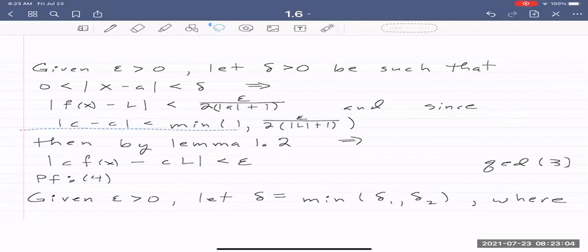And since c minus c, 0 in absolute value, is less than the minimum of 1 and epsilon over 2 times the quantity absolute value of L plus 1, then by the second part of lemma 1, we have that c f of x minus cL in absolute value is less than epsilon. And that's what you wanted to show.